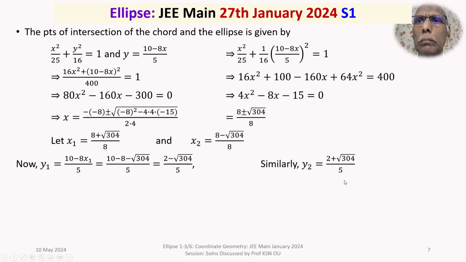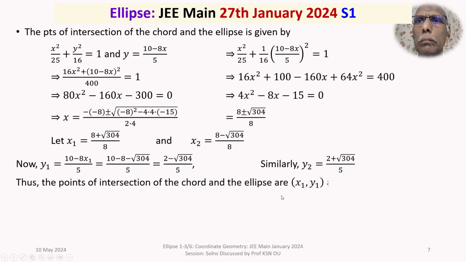Now, the points of intersection of that chord and the ellipse, we got 2 points, and they are (x1, y1) and (x2, y2). What is it that we want? We want the length of this chord. The length of this chord is the distance between (x1, y1) and (x2, y2), so use the distance formula.